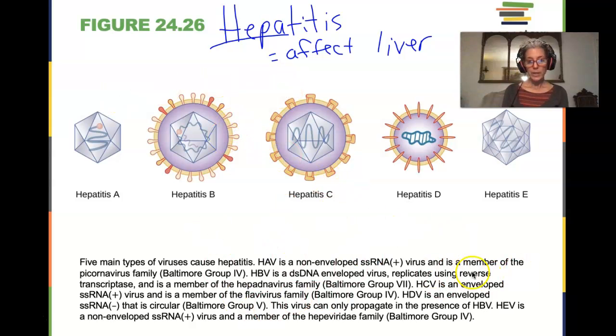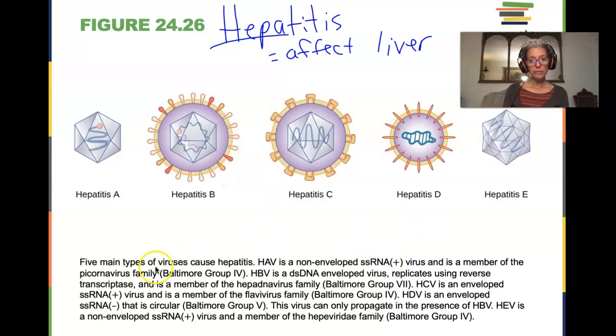Hepatitis B is a DNA envelope virus, and hepatitis C is also an envelope virus. They have different types of genomes. Hepatitis A is a single-stranded RNA virus.